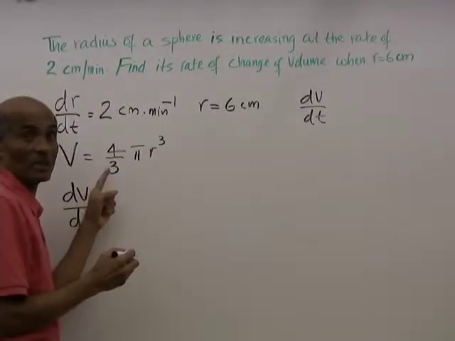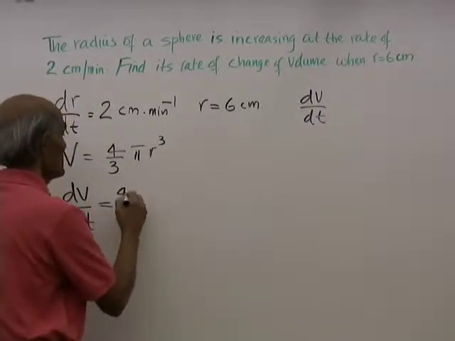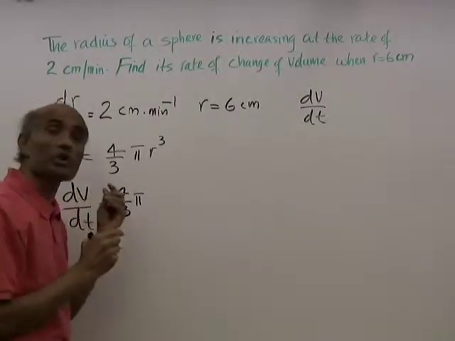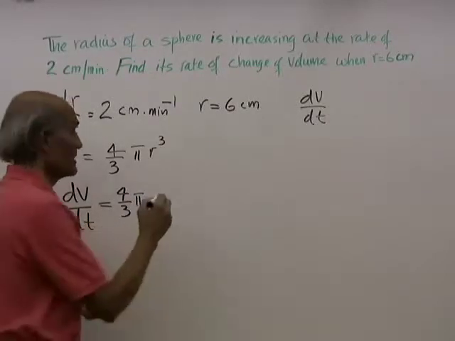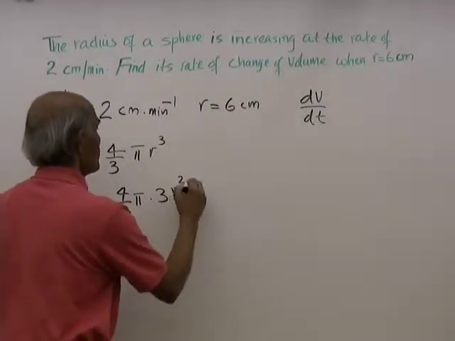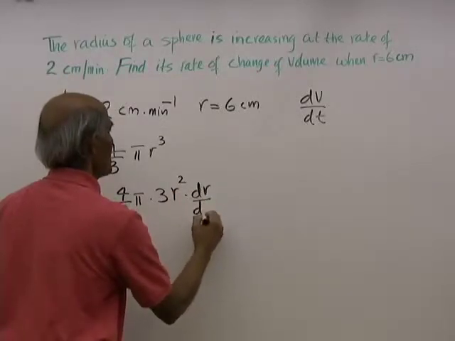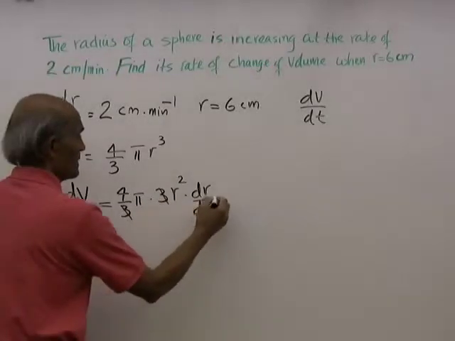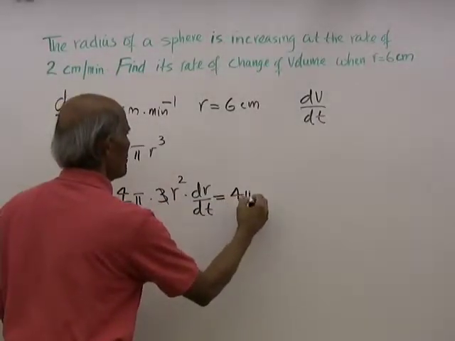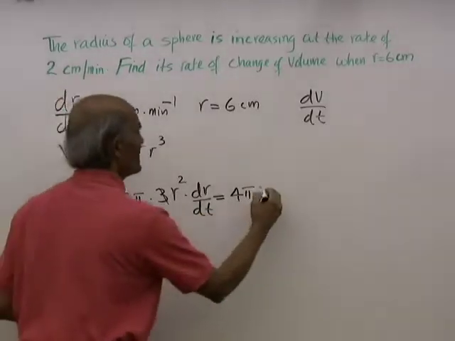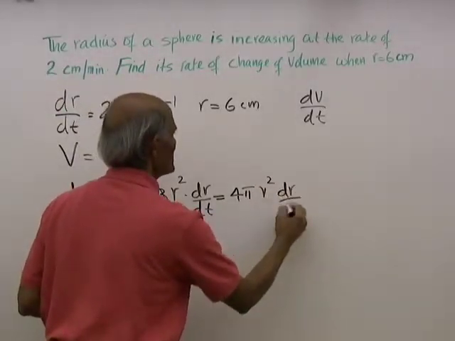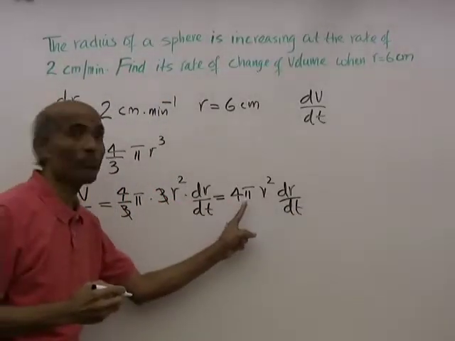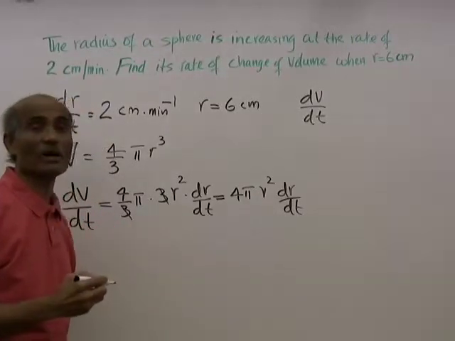As we talked about it earlier, 4/3 pi is a constant. Now, the derivative of r cubed with respect to t is 3r squared times dr by dt. Now, here 3 and 3 go, and that gives you 4 pi r squared dr by dt. dV by dt equal to 4 pi r squared dr by dt.